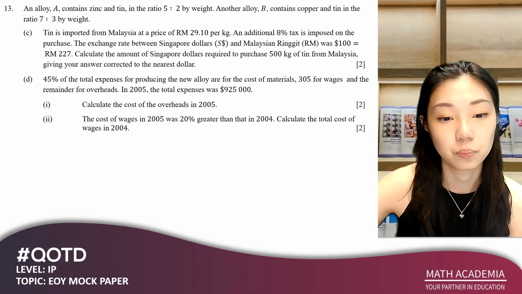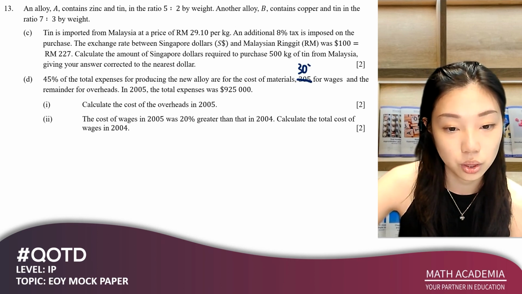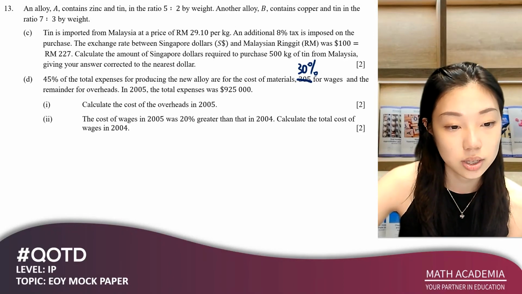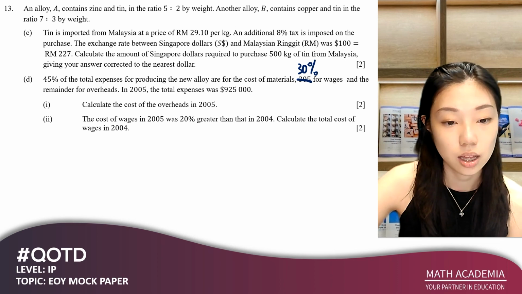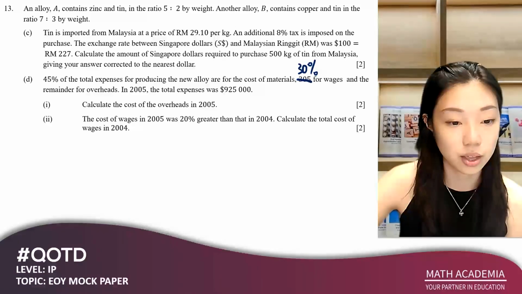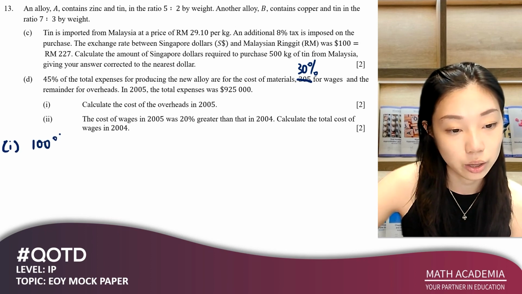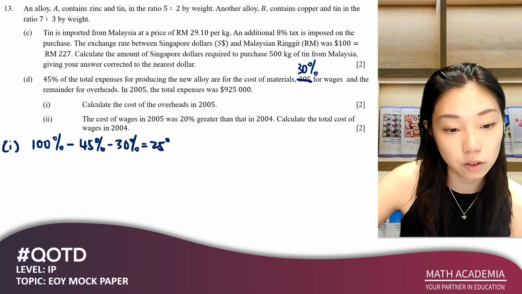Sorry, there is a typo for this. This should be 30% for wages. Okay, remainder for overheads. Total expenses was $925,000. So for overheads, it would take 100% minus 45% minus 30%, which is 25%.